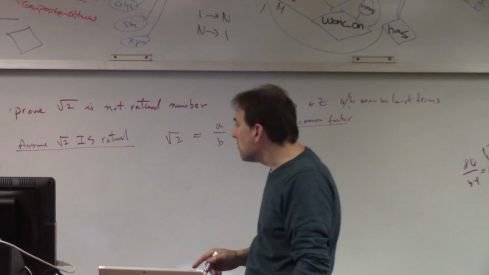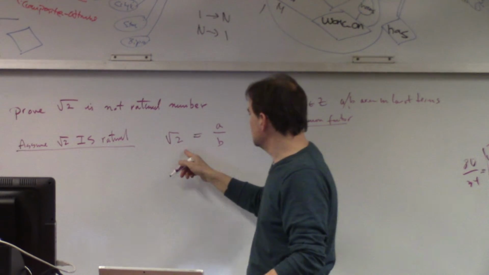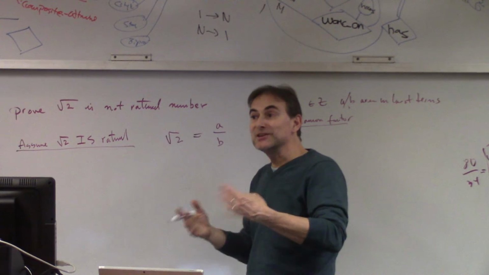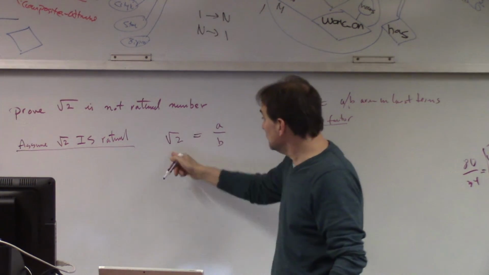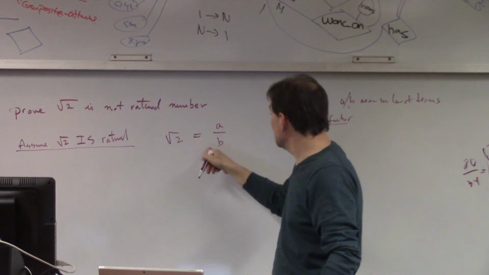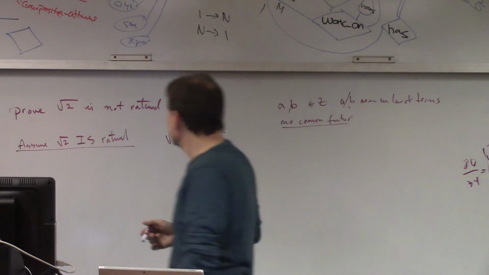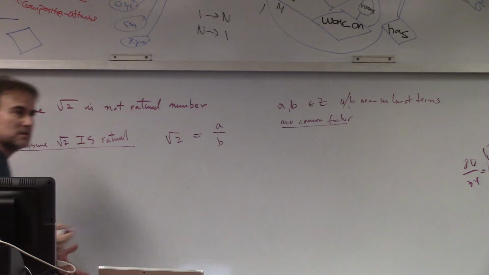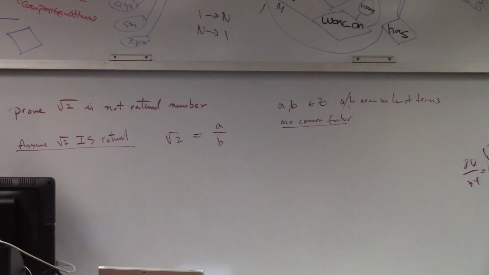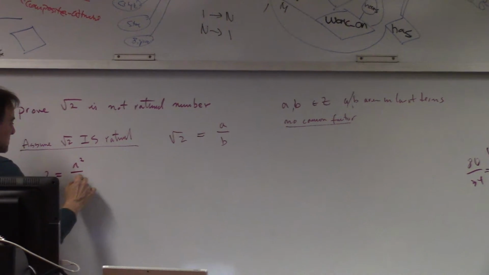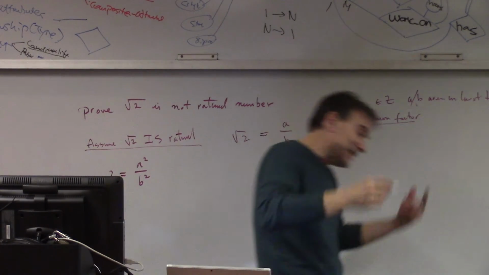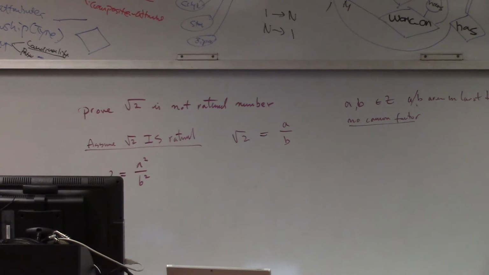So now, since this is my assumption, I can follow whatever follows. If it's rational, then it's going to be one of these, because all rational numbers are like that. Then I can use some mathematical things. For example, I can square both sides of the equation. So I get 2 is equal to A squared over B squared. How do I do that? I squared both sides of the equation. Why? Because I can.